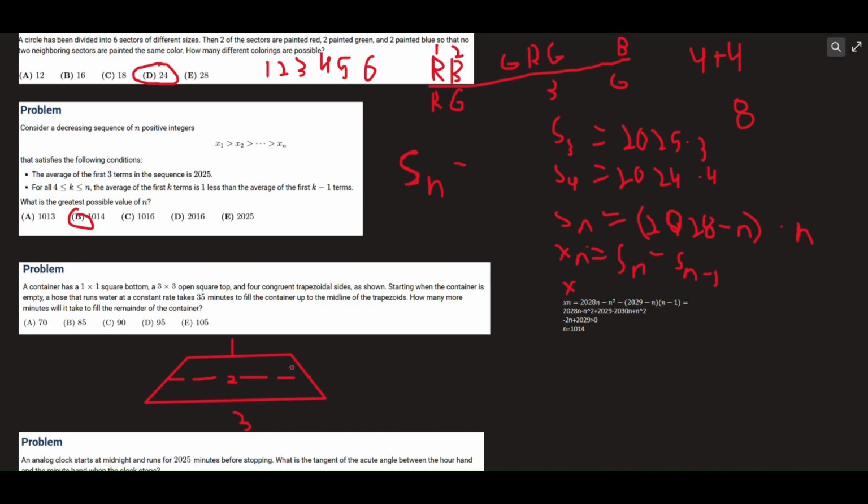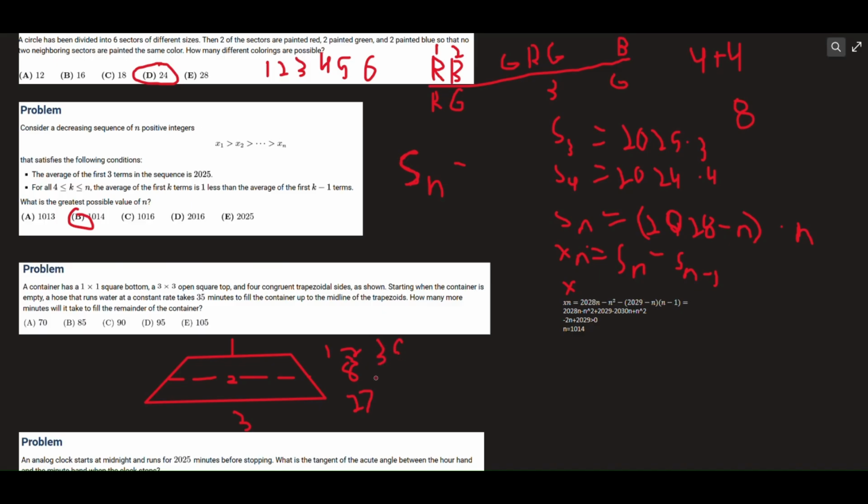So what we do is that we know that it scales, and since it's a 3D object, it scales by a factor of, it cubes it. So we go from 1 to 8 to 27. And that's the volume, using the cubic. So we know that it takes 35 minutes to go from 1 to 8.